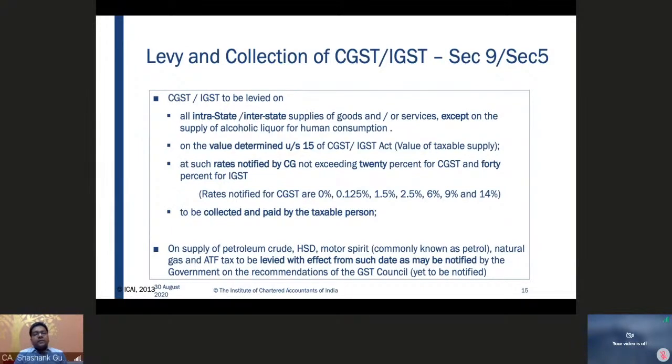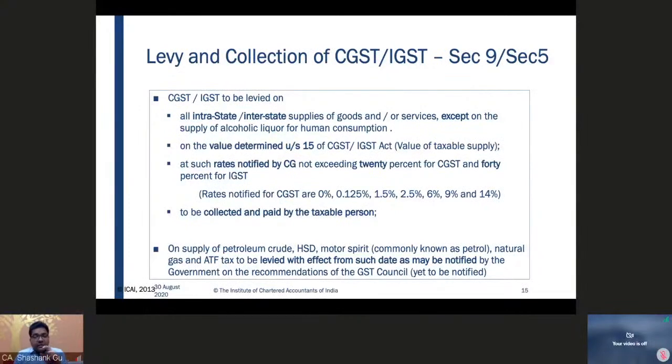There is a separate chapter on valuation wherein we will discuss Section 15 in great detail, but right now all that we need to understand is that CGST is leviable on intrastate transactions, IGST is leviable on interstate transactions, plus on the value which is determined under Section 15.